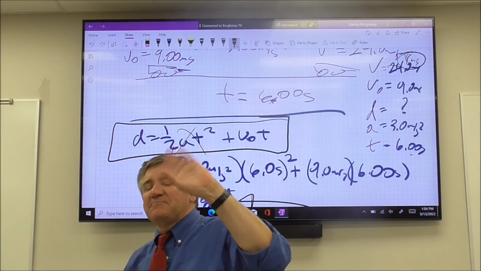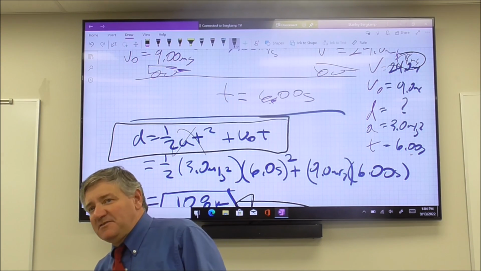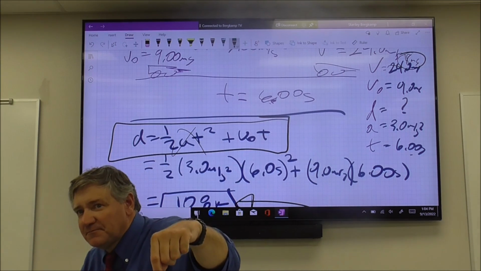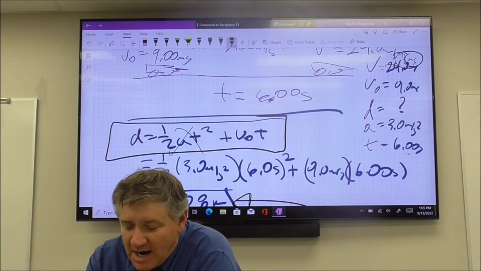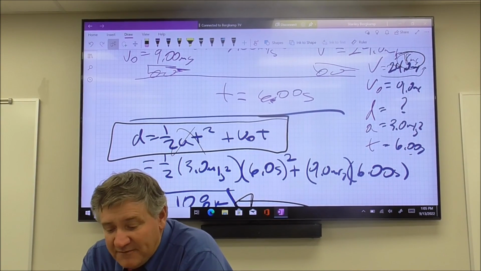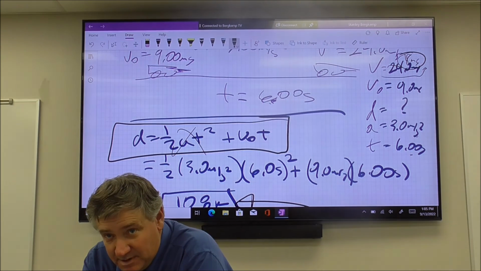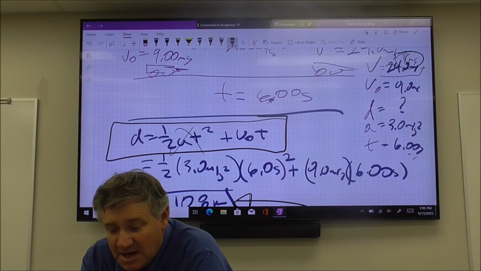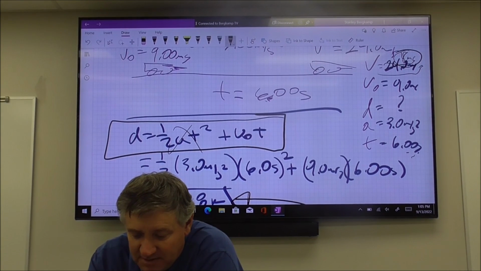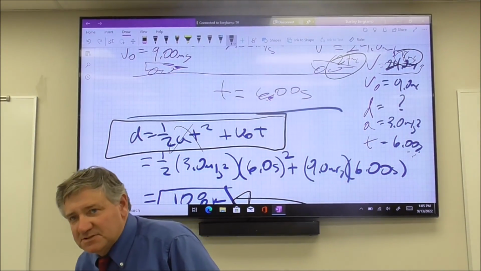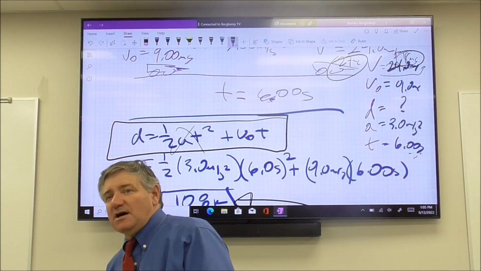I had people randomly give me a final velocity, but with an acceleration of 3 meters per second squared, 3 times 6 gets you 18. If you take 18 plus 9, you get 27. That should be 5 seconds if it was 24. I just randomly picked numbers. Okay, that's where that went south.